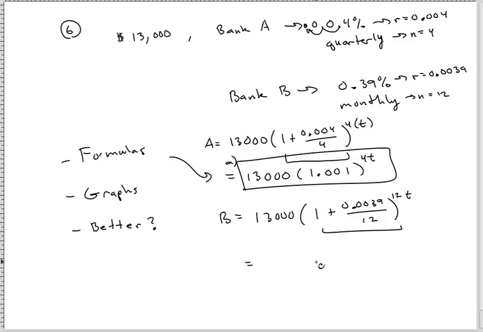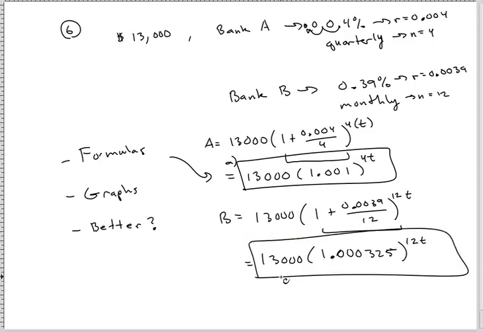That's it, because that's all I'm concerned about. And decimal-wise, I got 1.000325. And yes, they want every single decimal there. No rounding. Just as you see it. This is it. That's your answer to part B.